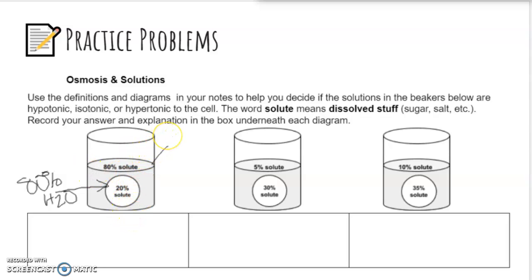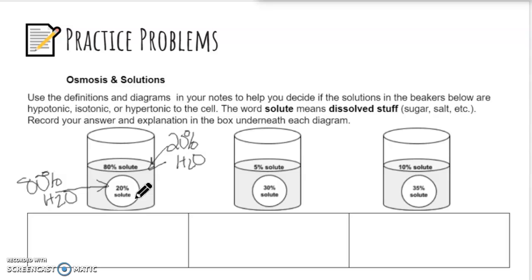Because we're putting it into a solution that has 80% solute, I know that it must have 20% H2O because those things add up to be 100. So we have 20 plus 80 equals 100. So the total amount of material inside that cell is equal to 100%. And on the outside in the solution, we have 80% solute and 20% water, which equals 100.